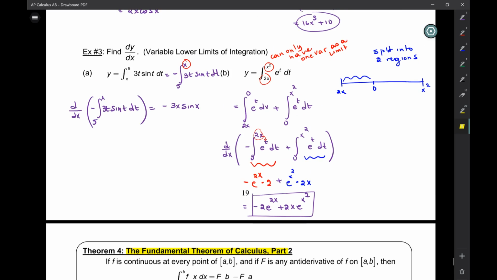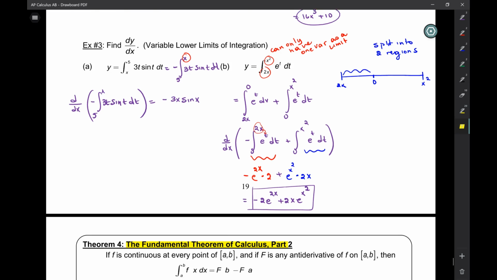We went from A to 0, 0 to B. In the end, what we got is A plugged in here, f of A, and then f of B with a minus sign in the middle.